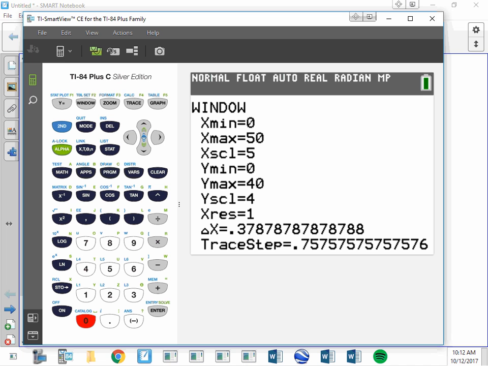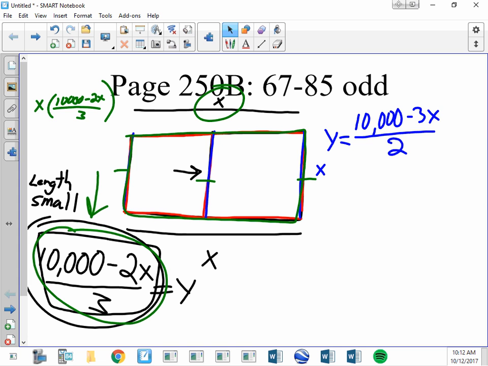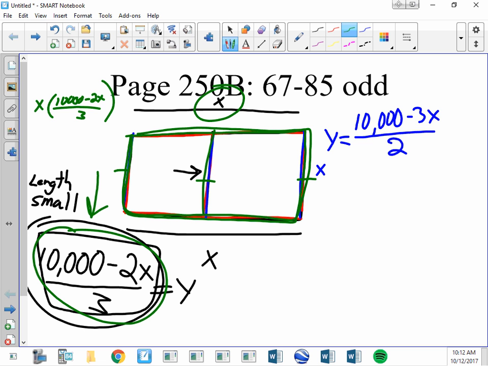So, Jimmy, where are you stuck? So, we want to know how big should I make these fences to capture the most land possible. So, this plus this is 10,000.